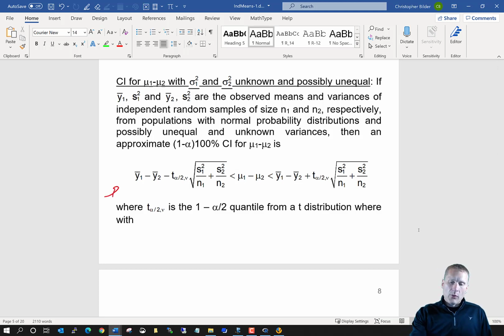So again, we start off with y bar 1 minus y bar 2, the observed values. We subtract off our quantile from the t distribution with nu degrees of freedom, times the square root of the sample variance from sample number 1 divided by its corresponding sample size, plus the same thing for sample number 2. That's our lower bound. The upper bound is exactly the same, but now we put a plus sign in there instead. Okay?